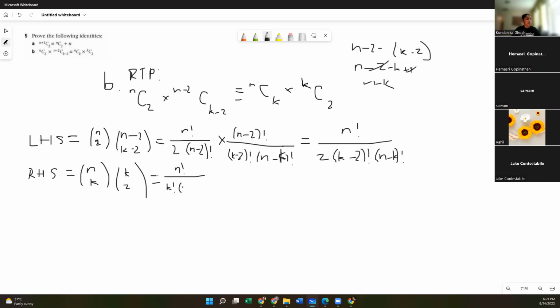Then k choose 2 is k factorial over 2 factorial times k minus 2 factorial, where n is k and r is 2. 2 factorial is just 2, so we write 2 times k minus 2 factorial, since n minus r is k minus 2 in this case.